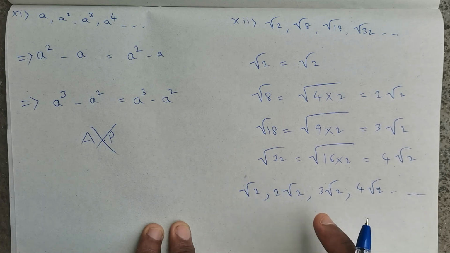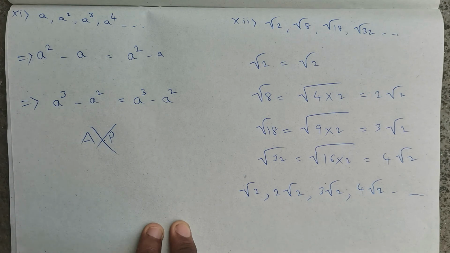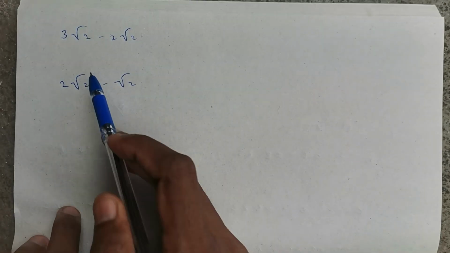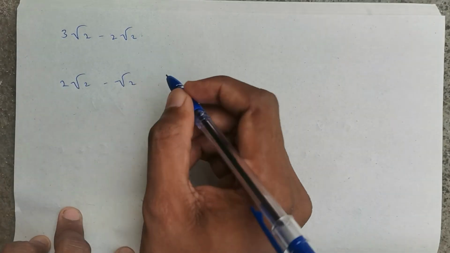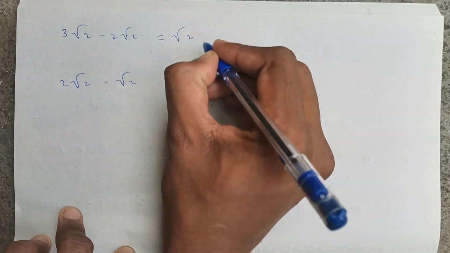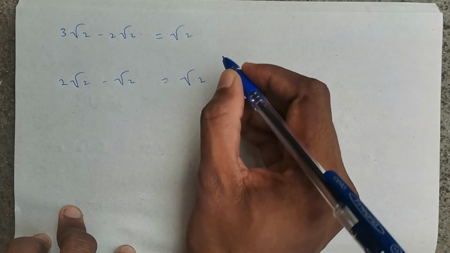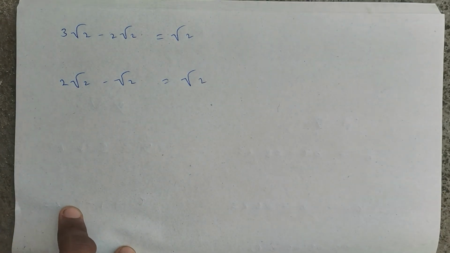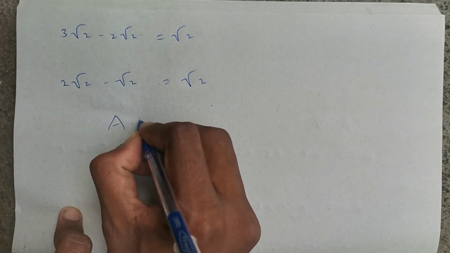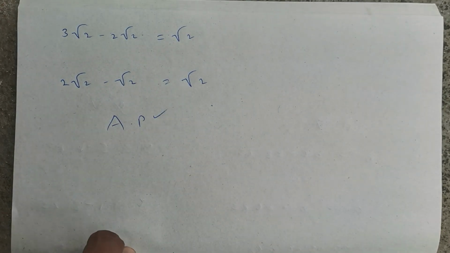Third term 3 root 2, second term 2 root 2. Third term minus second term, 3 root 2 minus 2 root 2, is root 2. Second term minus first term, 2 root 2 minus root 2, is root 2. Here the common difference is root 2, that is the same. So we can conclude this series is AP.